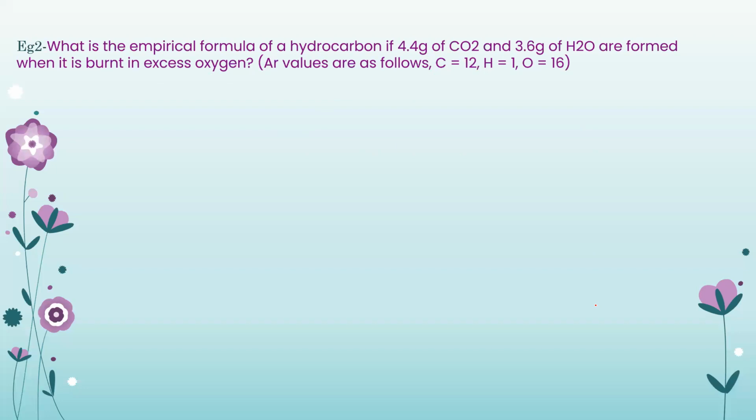Okay, so hydrocarbon. We have to find the empirical formula of the hydrocarbon. So first of all, find the mass. The mass of carbon dioxide would be calculated. Pause the video and calculate the mass of carbon dioxide, 44. And then mass of H2O would be 18, correct? Gram per mole.